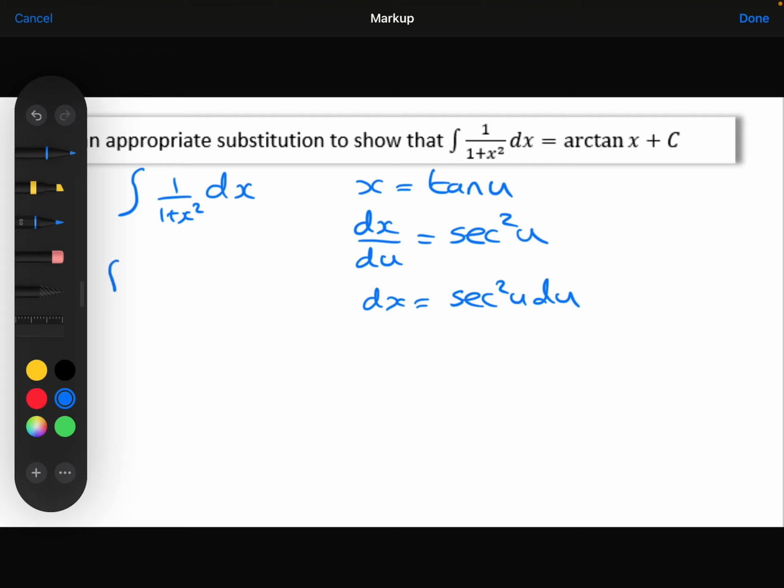Right, let's substitute these things into my integral then. I've got 1 over 1 plus x squared, so that's going to become 1 plus tan squared u, multiplied by dx, which is sec squared u du.